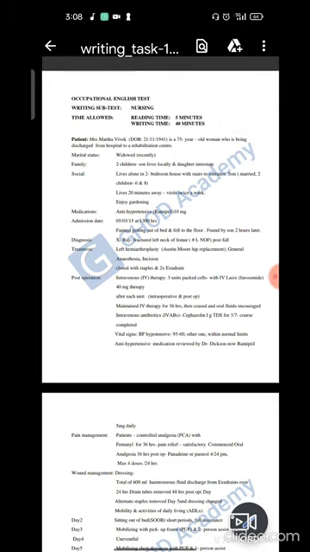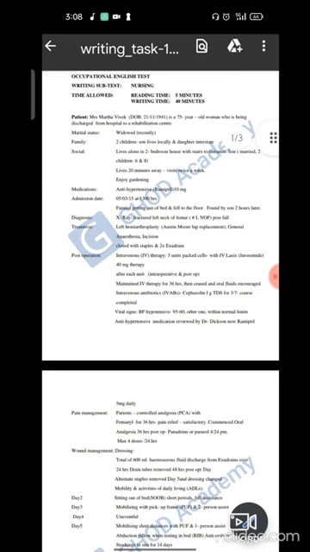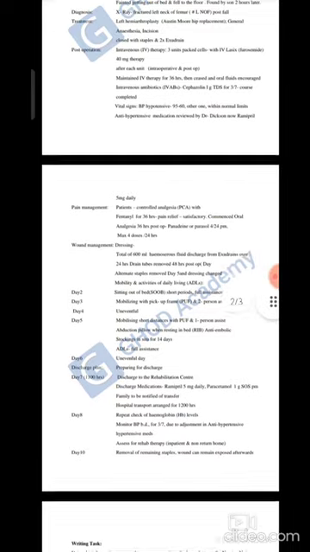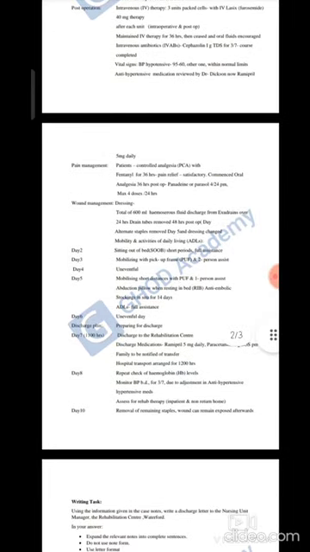Diagnosis X-ray, fracture, that one needed. Left hemiarthroplasty, that one also needed. Then post-operative management, you have to tick mark: intravenous therapy, blood transfusion, antibiotic, and analgesics, that's enough. And wound management, daily dressing, and mobilizing with the pick-up frame.